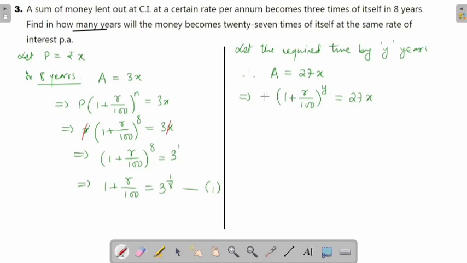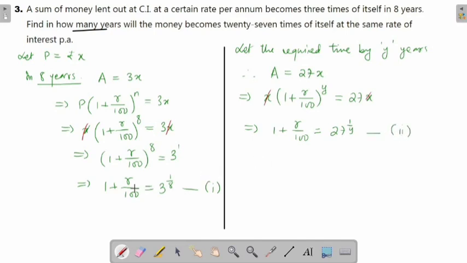Again, x and x get cancelled. Similarly, if I write 1 plus r by 100 only, this power y goes to the denominator, so it becomes 27 to the power 1 by y. Let me call this equation number 2.